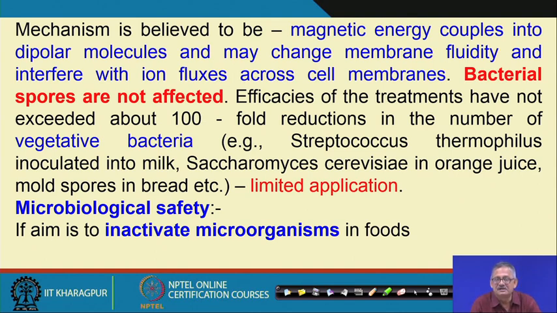So, examples are Streptococcus thermophilus inoculated into milk, Saccharomyces cerevisiae in orange juice, or mold spores in bread. If they are looked into under this kind of treatment, then not more than 10 to the power 2 or 100-fold reductions are being managed.